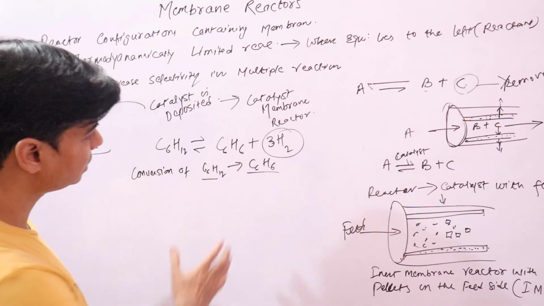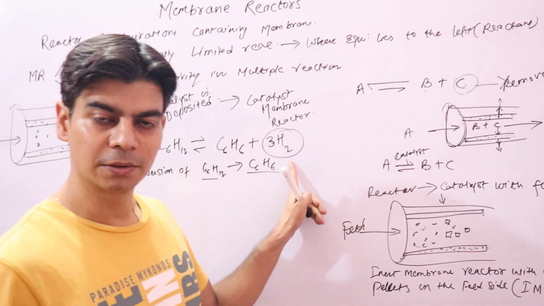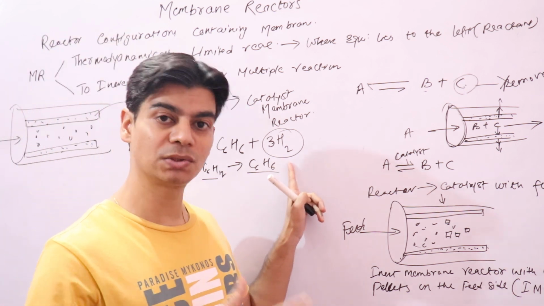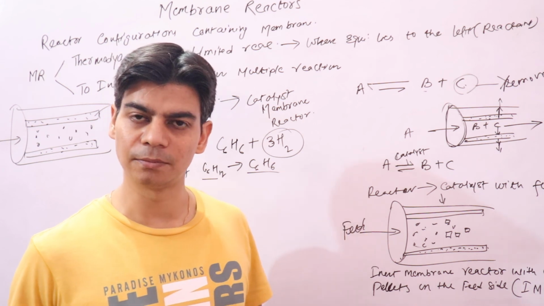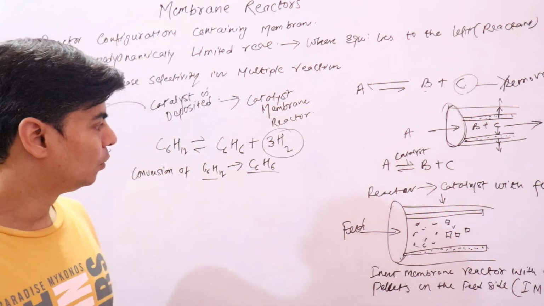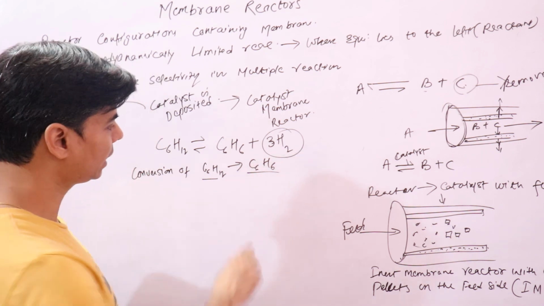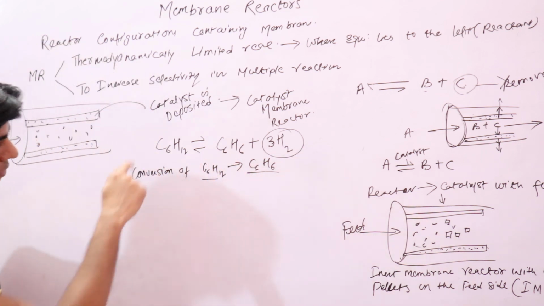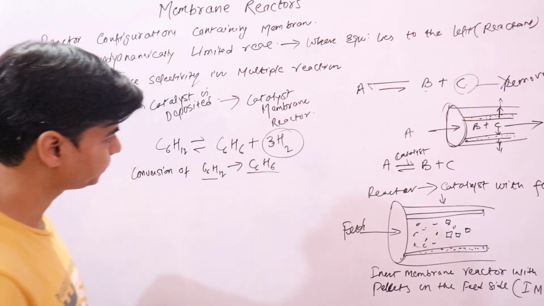And in such dehydrogenation reactions, one of the reaction products will pass through the membrane and is removed from the reactor. When you don't have hydrogen in the reactor, there is nothing to react with benzene to give you back C6H12, right? I hope this is clear.